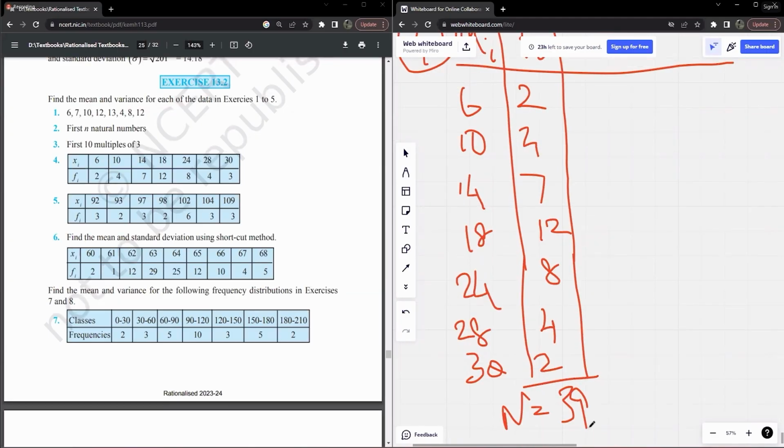Right. And 2, 4 is 6, 6, 8 is 14, 14, 12 is 26, 26, 7 is 33. Okay. Oh, wait, this is 3. Where was that?